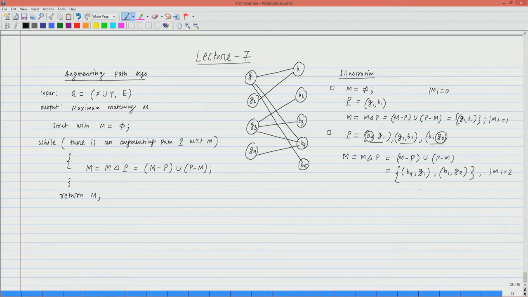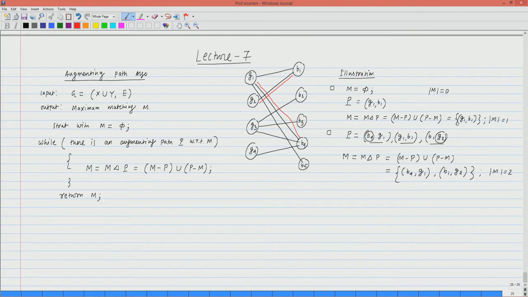So, now the matching edges are B1 G2, this is a matching edge, and the other one is G1 B4. So, I have a matching of size 2 at this moment.